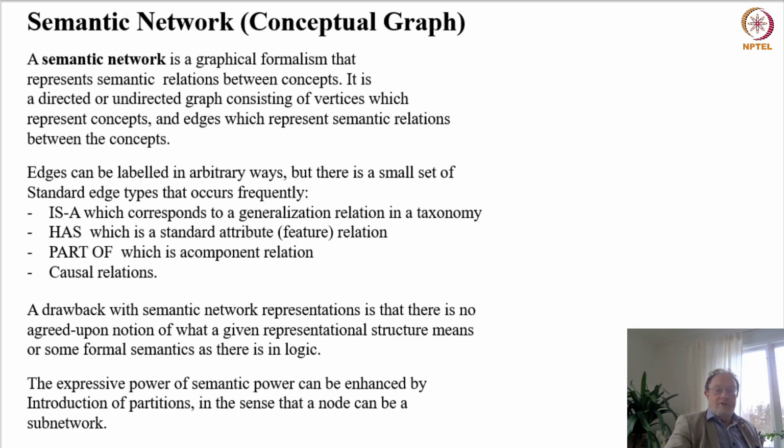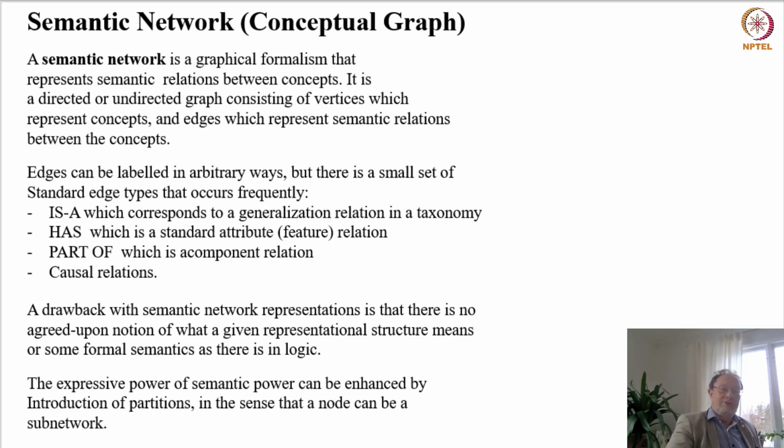A drawback with semantic network representation is there is no agreed upon notion of what a given representation exactly means, or some formal semantics, as there is in logic. So here you can draw a parallel to the list representations in Lisp, for example, where everything is decided from case to case.